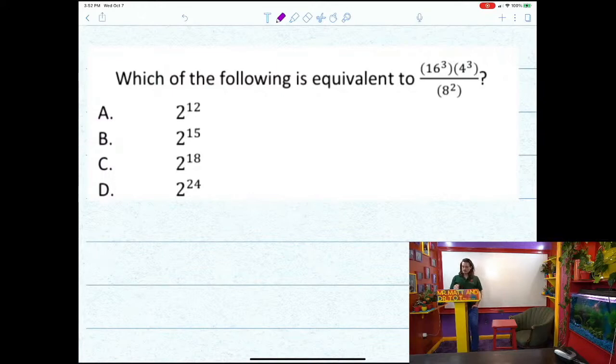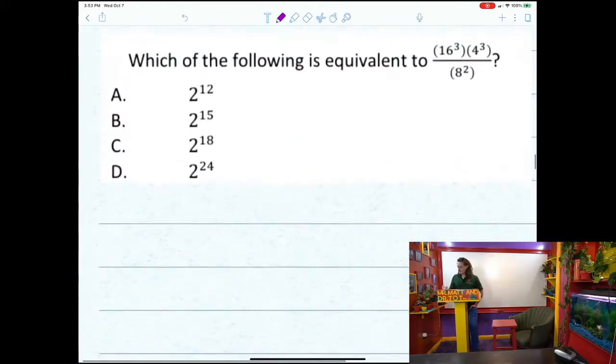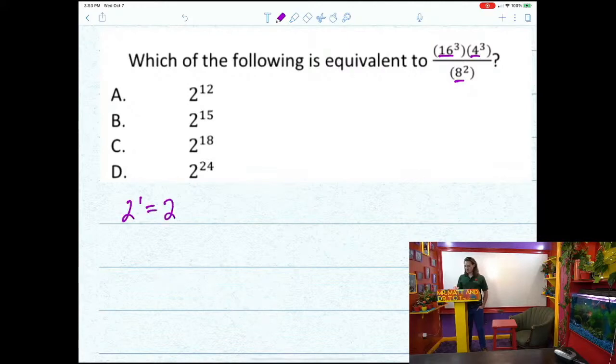So for this problem, notice we don't have any common bases. We have 16, 4, and 8. We can't use 4 because 4 is not a root of 8. So 8, you can't exponentiate 4 to get 8, but you can use 2 because 2 to the first power is 2, 2 squared is 4, 2 cubed is 8, 2 to the fourth power is 16.